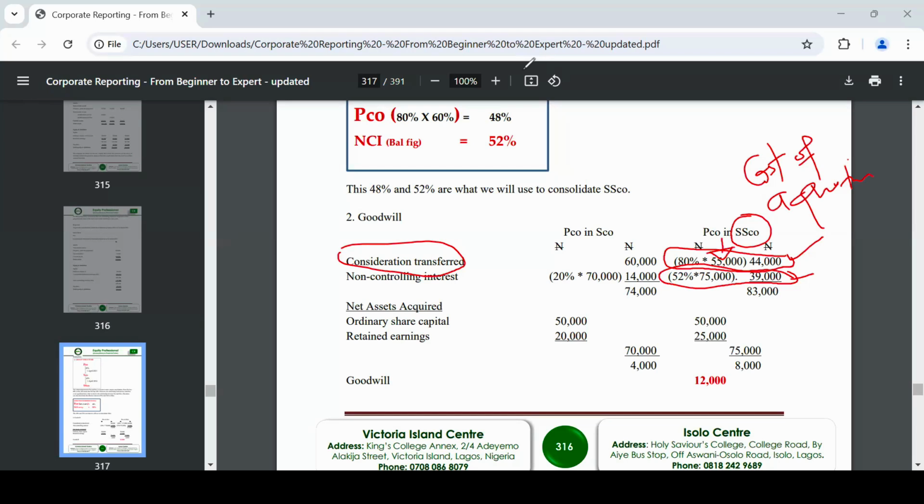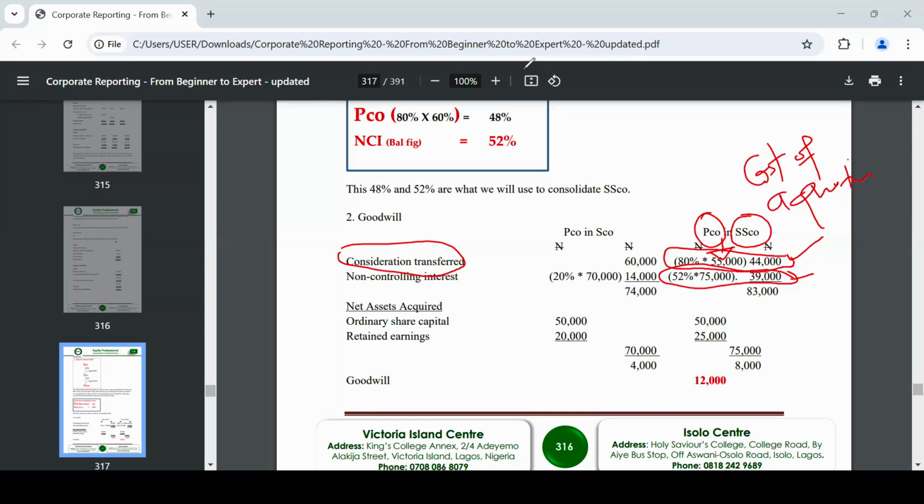Meanwhile, PICO owns 80% of ESCO. So therefore, what we use as a consideration transferred for PICO was 80%. The remaining 20%, I kept emphasizing that you must never forget that that's 20% when you will be considering the value of NCI post-acquisition.